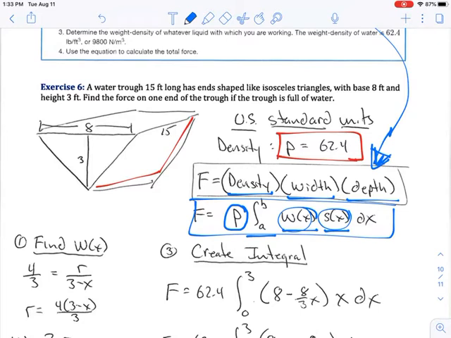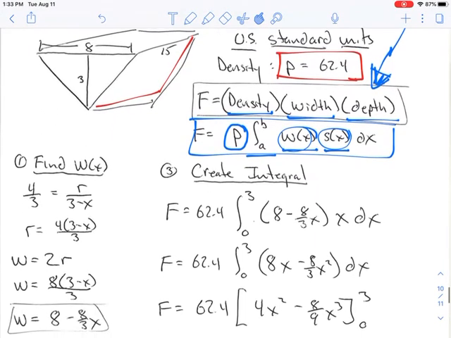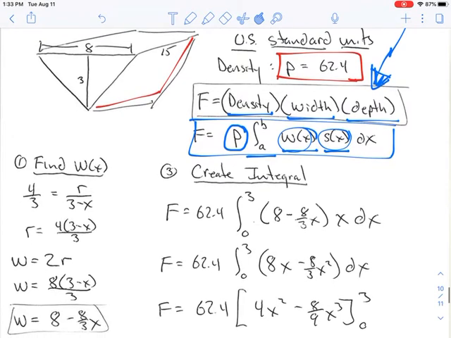So how do we find the width function? Well, we're going to have to use similar triangles again. That's a common problem-solving technique with a lot of these problems. So, similar triangles, we know that this distance right here is 4. This distance right here is 3. So we can create a ratio. 4 is to 3.